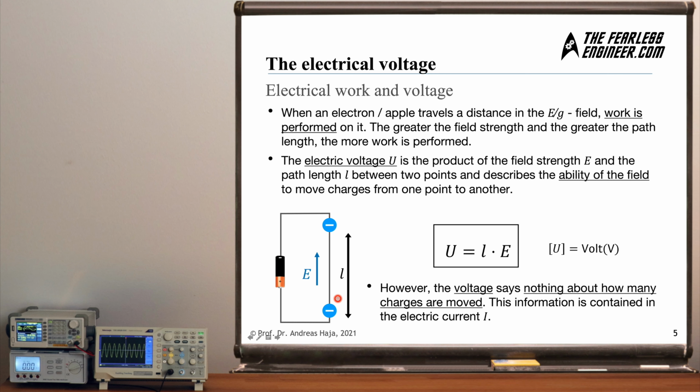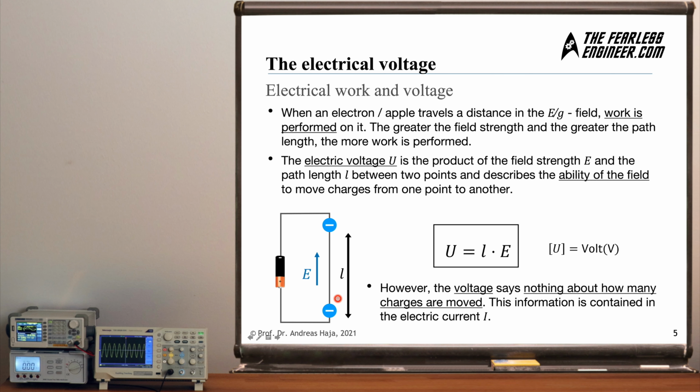Now, this was a very brief definition of the electric voltage, a very broad overview and a very quick walkthrough of this idea of losing energy by moving through a field, and also this analogy between the gravitational field of the Earth and the electric field of a battery, for example, or another voltage source.